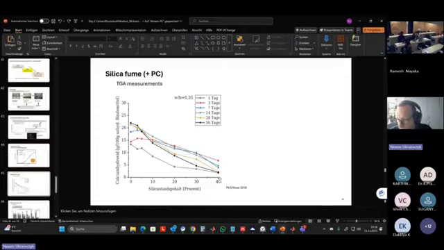Exactly. You can see 40% of replacement, and after 56 days, yeah, maybe if we leave it longer, it will be zero. Now it's less than 2.5% of portlandite. So it's actually quite good agreement.